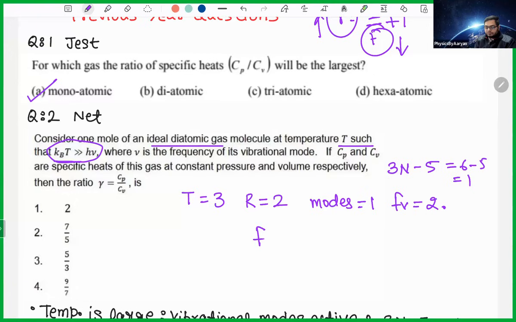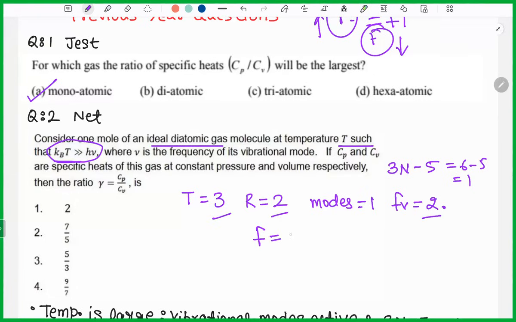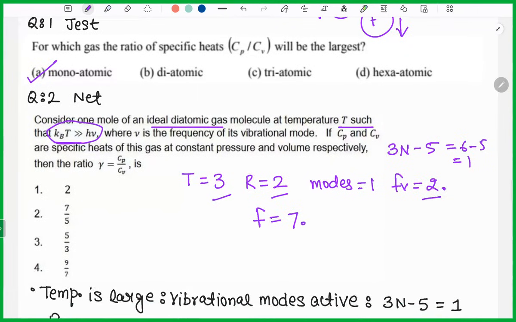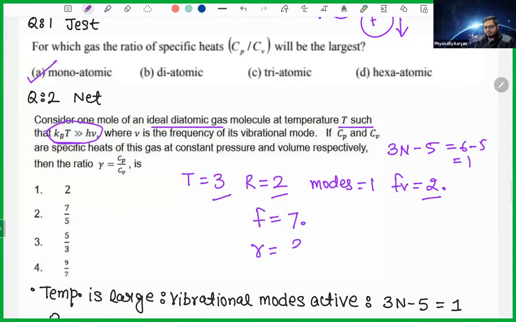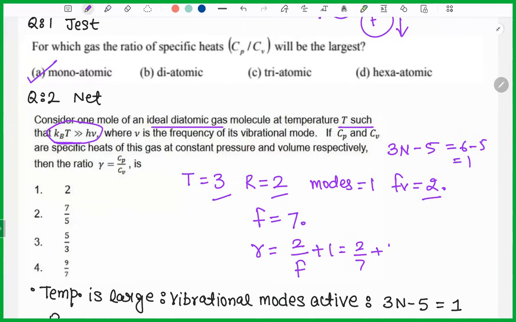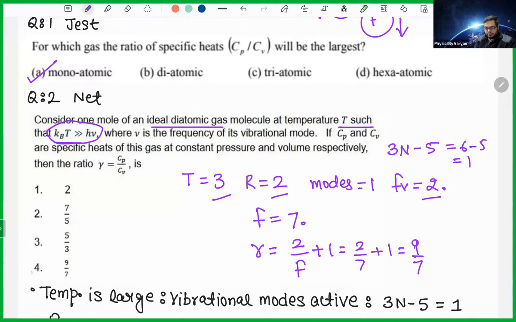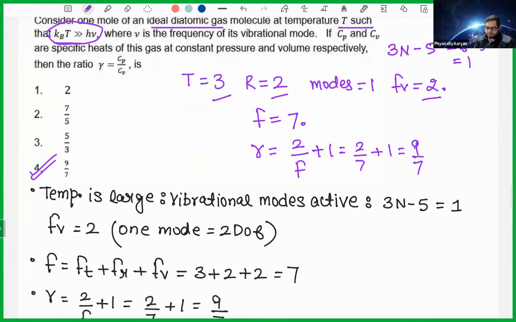So what is the total degrees of freedom? 3 plus 2 plus 2, 7. And what is the value of gamma? 9 by 7. Did everyone get 9 by 7? This is a very latest question from CSIR. I hope it is clear. You are getting the idea now. Okay?